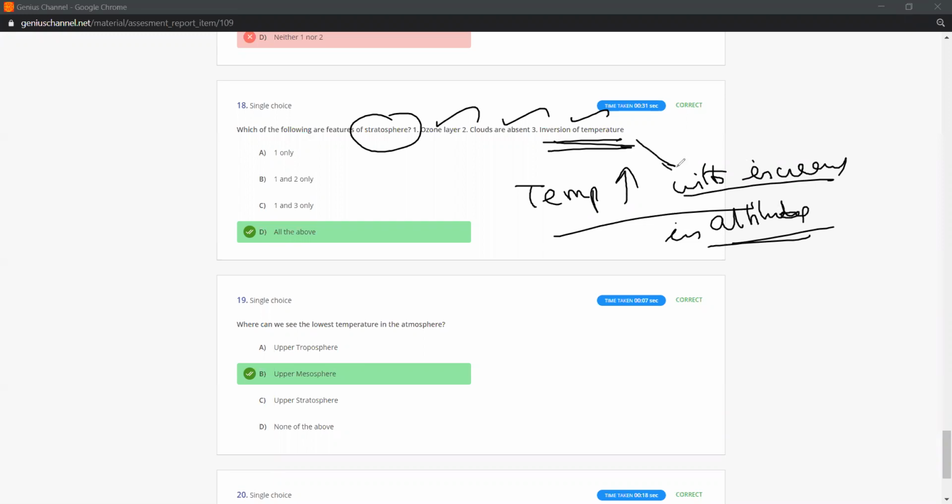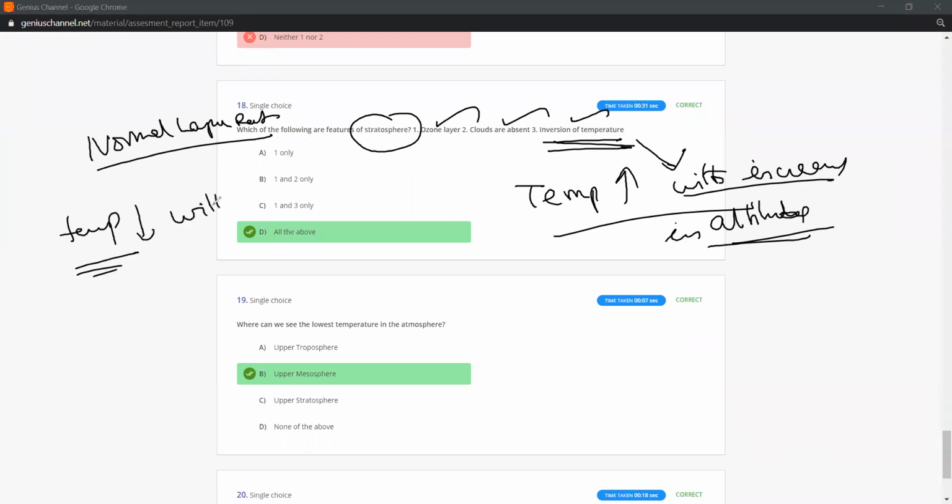Okay, this is normal, and this is inversion of temperature. In the normal lapse rate, temperature decreases with increasing altitude. Is it clear? Yes, sir.